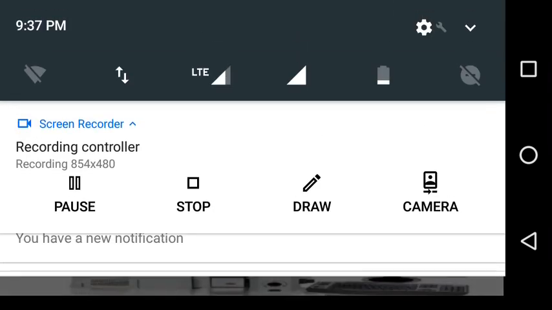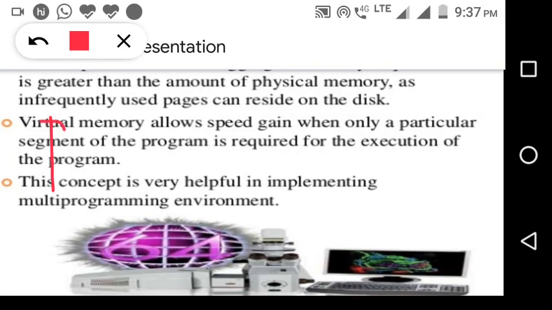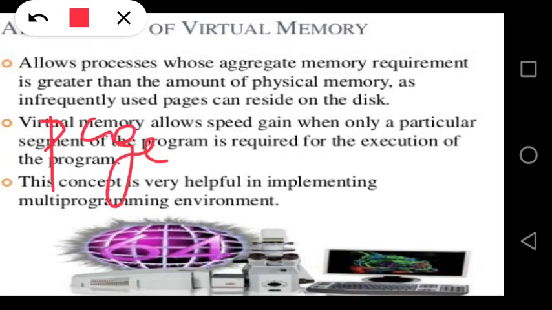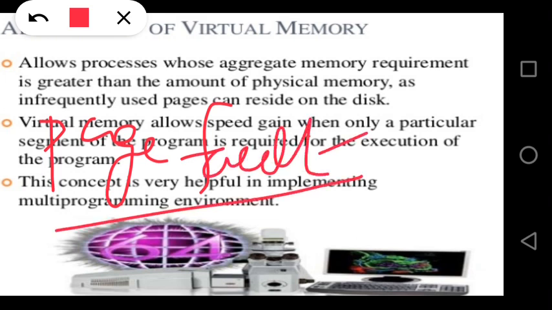And another important word is page fault. Page fault is a situation where the processor issues an address that belongs to a page which is not available in main memory or physical memory. So in the next class we will discuss what happens when a page fault occurs.